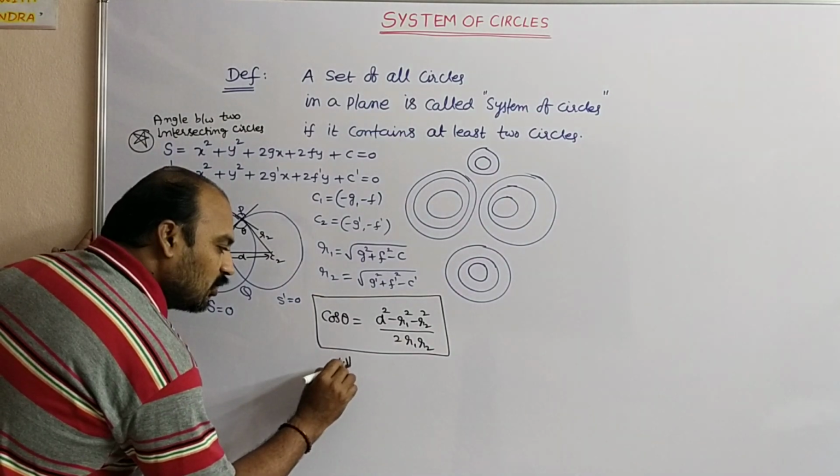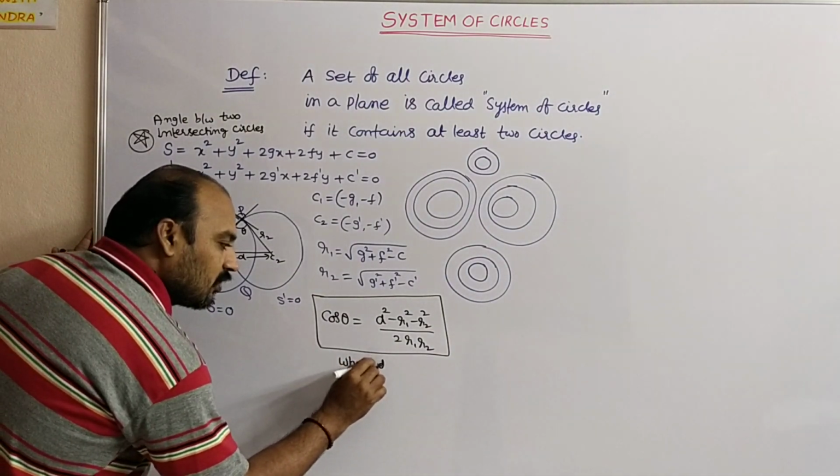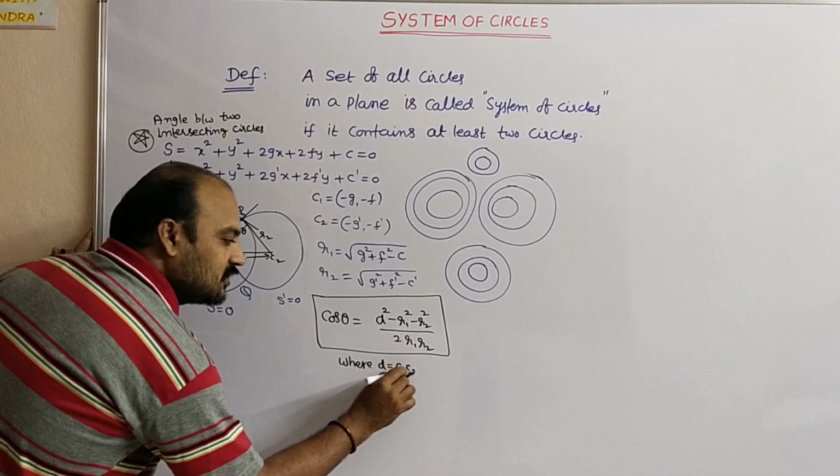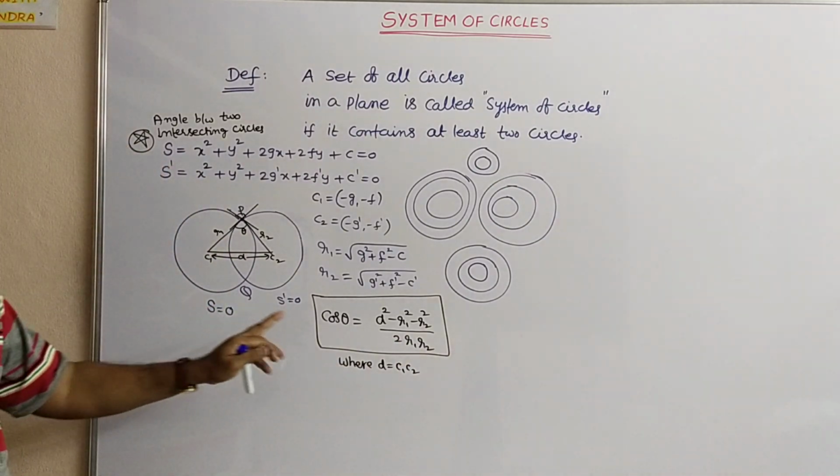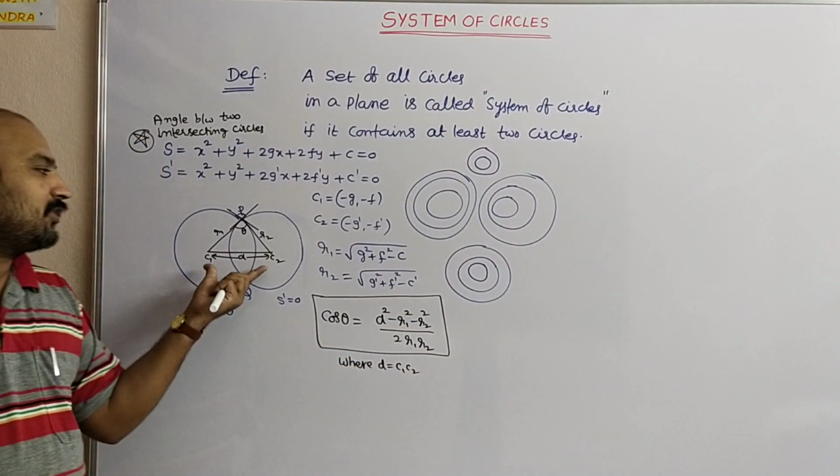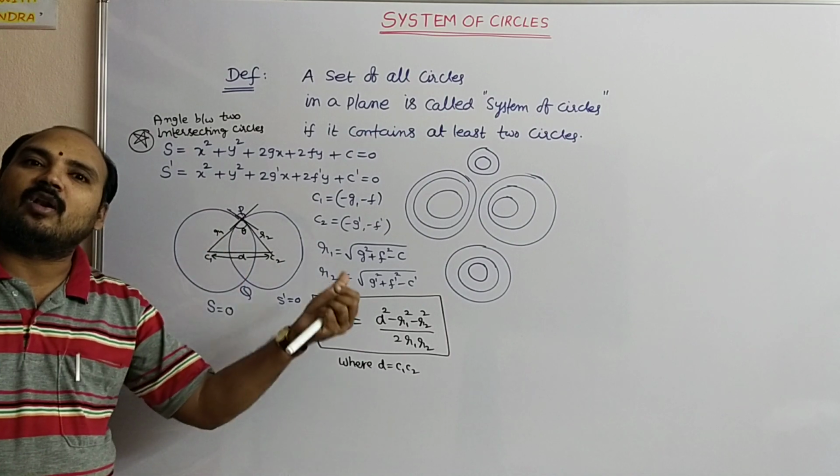So where d is equal to C1C2. This is using the representations d, r1, r2.